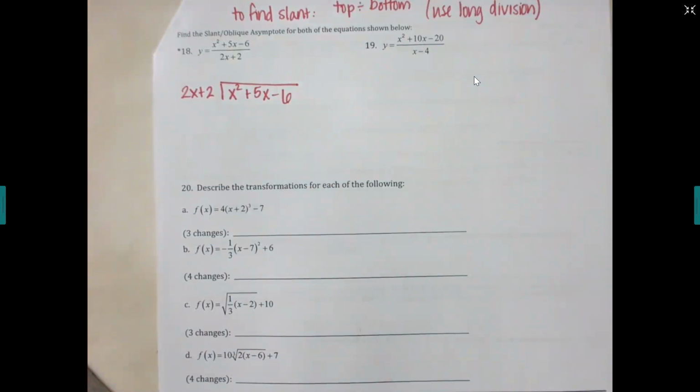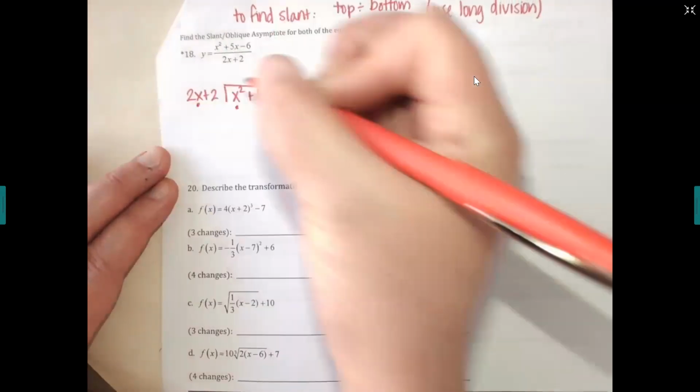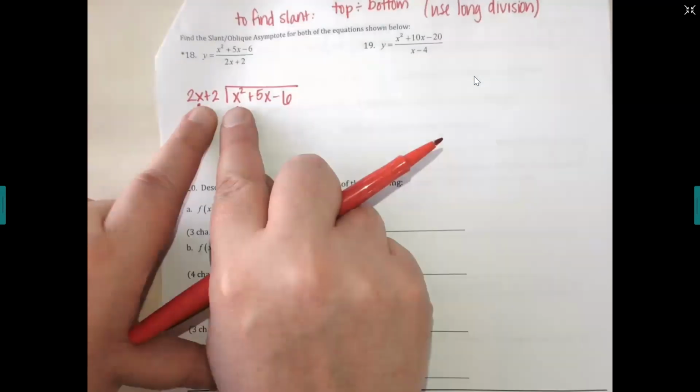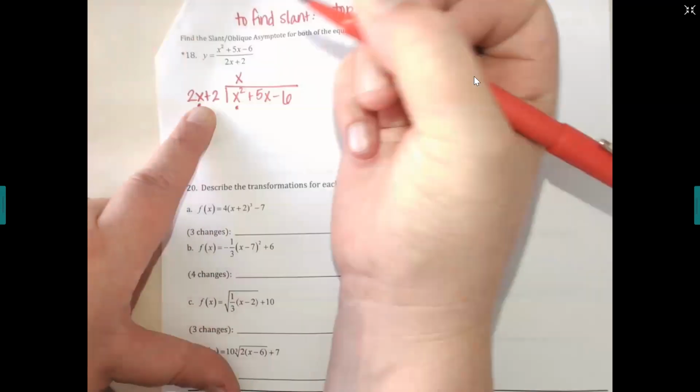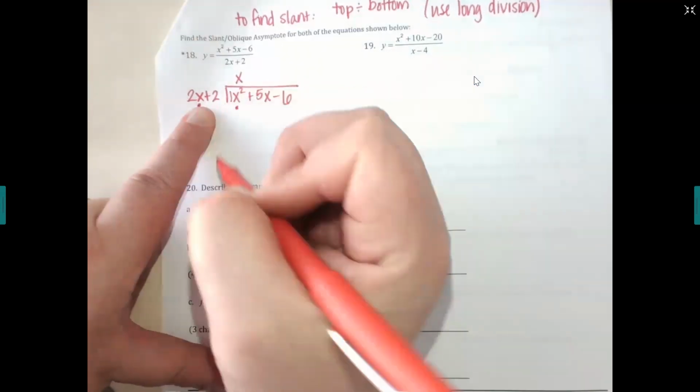I want to take my 2x and I want to turn it back into a regular x squared. Will I need any x's to go from 2x to x squared? Yes. And what number will I need to use to take my 2 back to a 1?